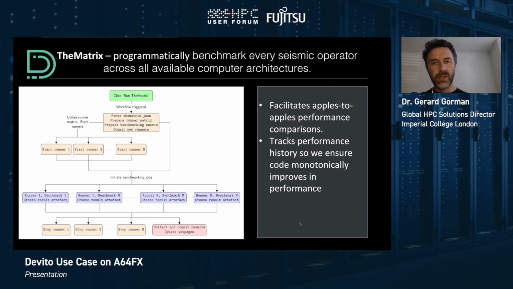We have an on-prem cluster that's growing, building up all different types of architectures, and we're automating running all of these standardized benchmarks through it in a consistent way. It does two things. It facilitates, of course, comparison across architectures, but it also tracks performance history, so we know that we're monotonically improving the performance of the code, and every change is making the code go faster rather than the other way around.